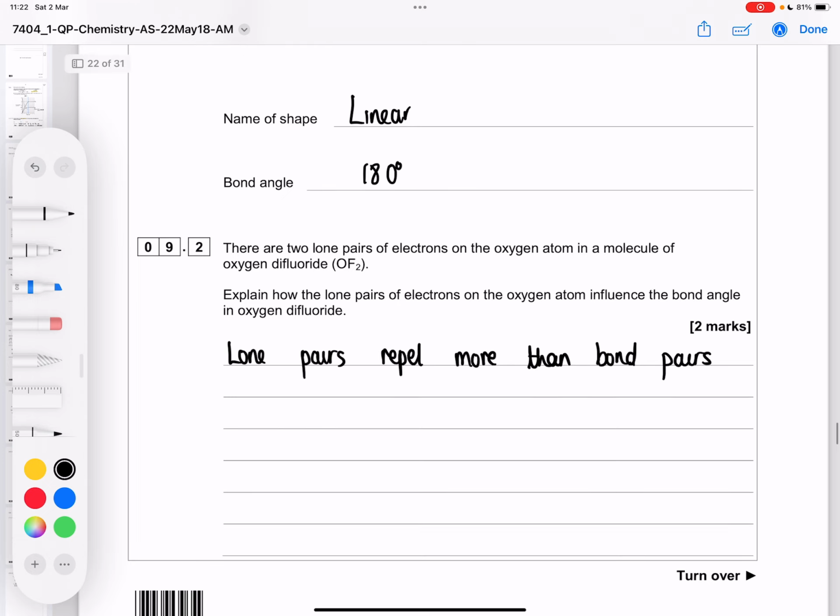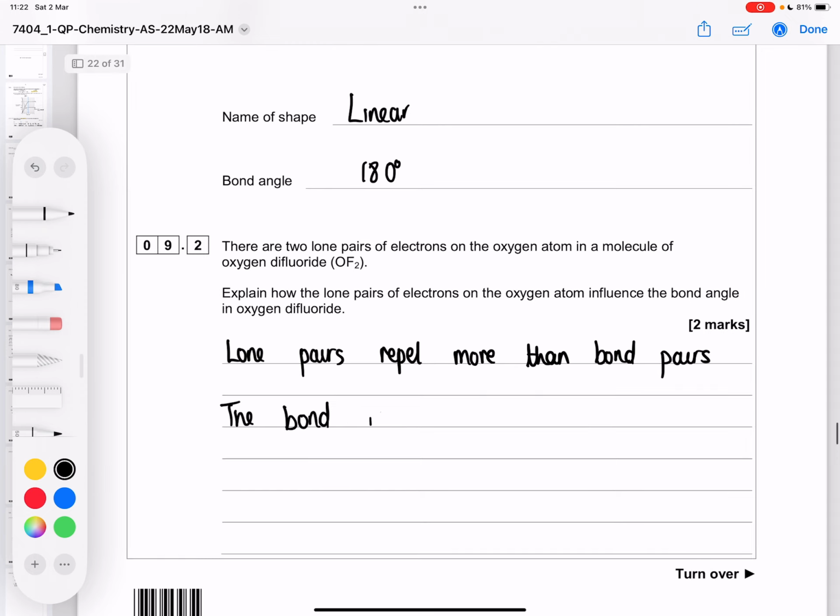And so the angle, let's just call it the bond angle. I was going to write between bonds, but it would be quicker to call it the bond angle, is going to be reduced, and it's reduced 2.5 degrees for each lone pair.